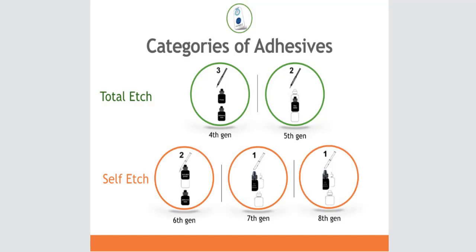Next, you have the self-etch. And self-etch is kind of a misnomer. We're going to talk a little bit about that, but self-etch is broken down into 2 parts, 6th generation, 1 part, 7th generation, or 8th generation. And so what happens here is that they've taken the etch and they put it into the bottle itself. So they're saying that you don't have to use an etch, but what they're really saying is you don't have to use an etch for dentin, okay?